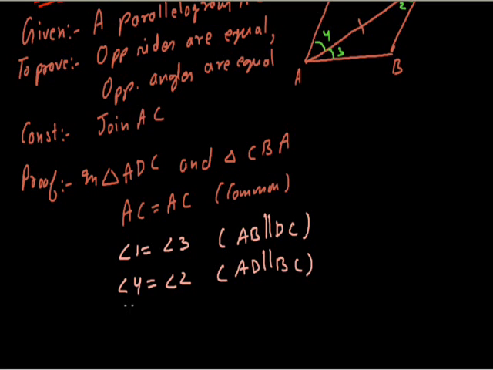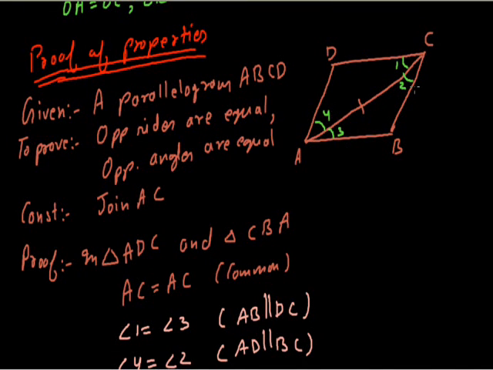Alternate interior angles are equal because the lines are parallel. Why? Because it is forming the shape of a Z. In the same way, angle 1 and angle 3 are equal because DC is parallel to AB, so they are also alternate interior angles.